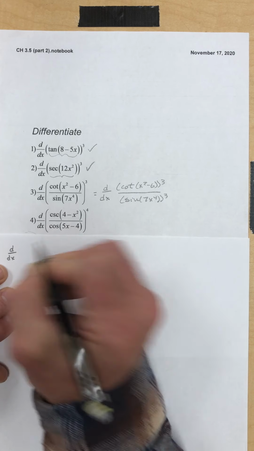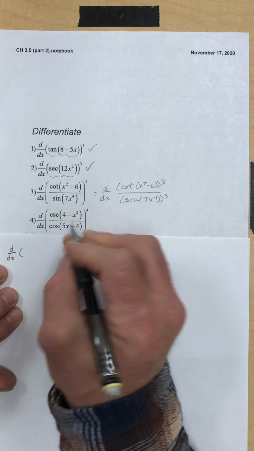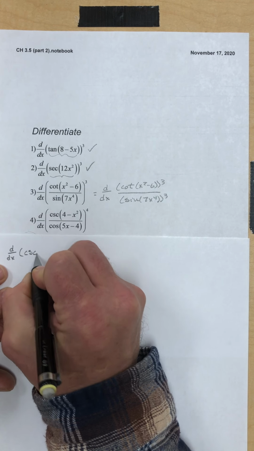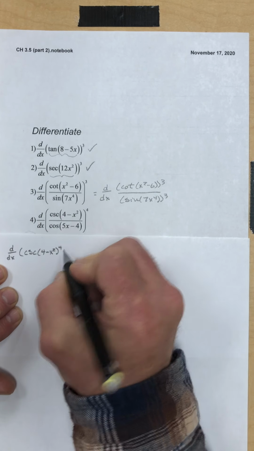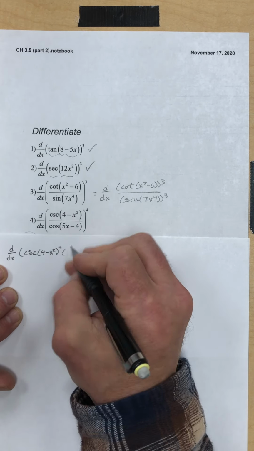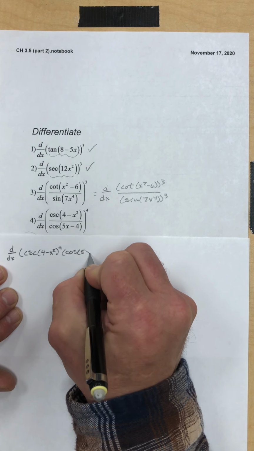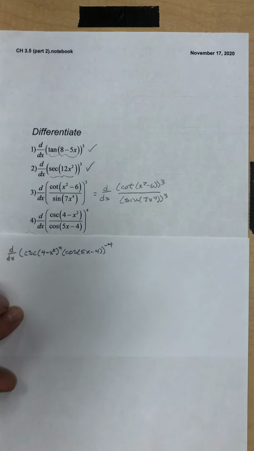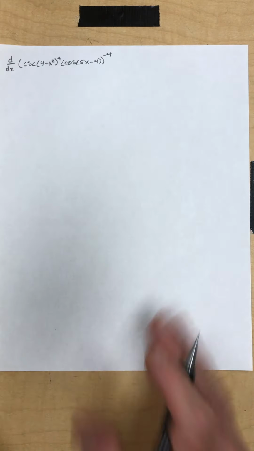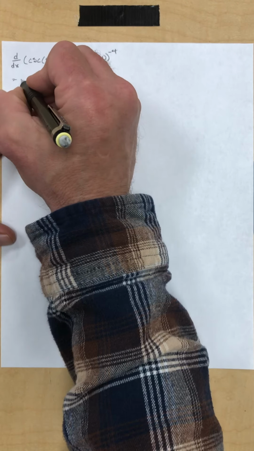So d dx, I'm going to take the numerator to the 4th power, cosecant of 4 minus x squared to the 4th power, times the denominator to the negative 4th power, cosine of 5x minus 4 to the negative 4th, and I'm going to deal with it in that form. Very similar to the last problem. So I take the first times the derivative of the second.